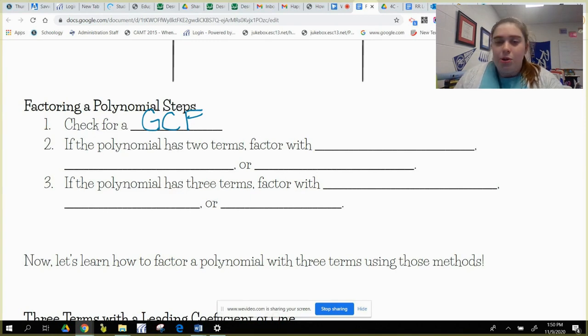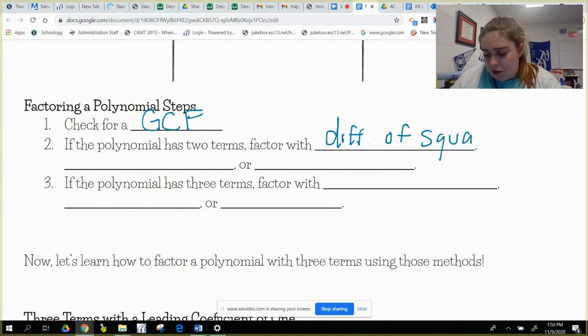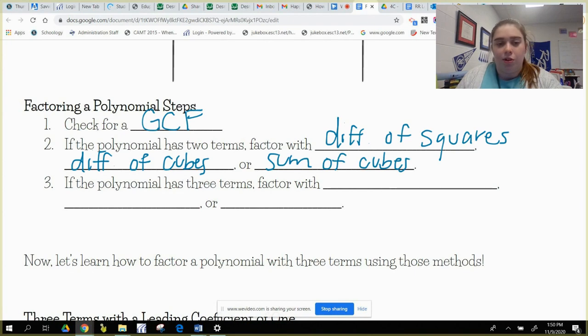The first one was difference of squares. And then we talked about difference of cubes and also sum of cubes. Those are our three methods that we went over yesterday that dealt with two terms.